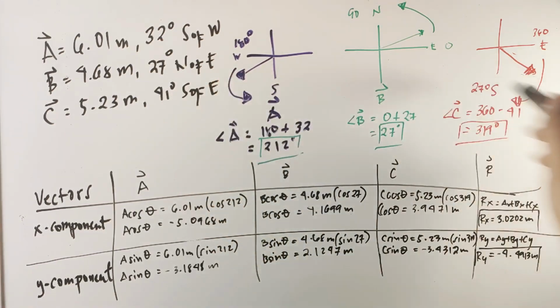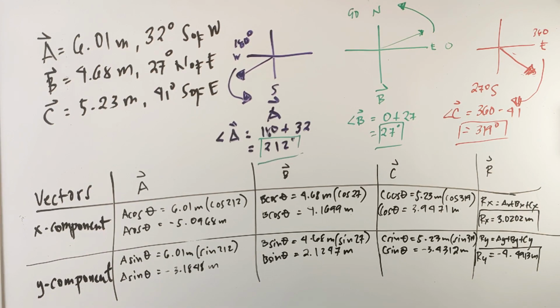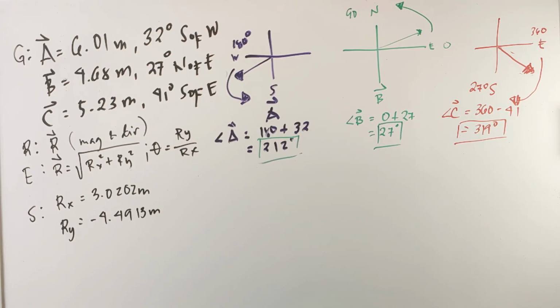Okay, so if these are the given, I'm going to erase it and we're going to do the proper GRESA. Alright, so copy this and we'll continue. I already wrote the given, required, and the equation that we're going to need.